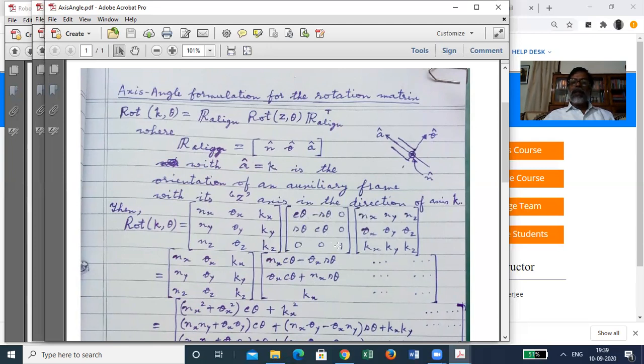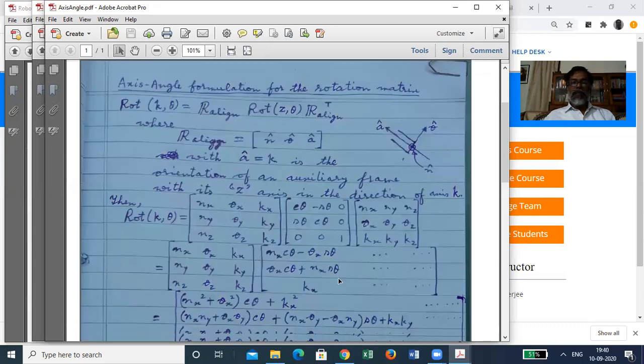The third element will be just Kx, right? Similarly, you can fill up the other columns. Now multiply these two. Second column here will produce second, and third column here will produce third upon multiplication by this. Expressions will be similar.